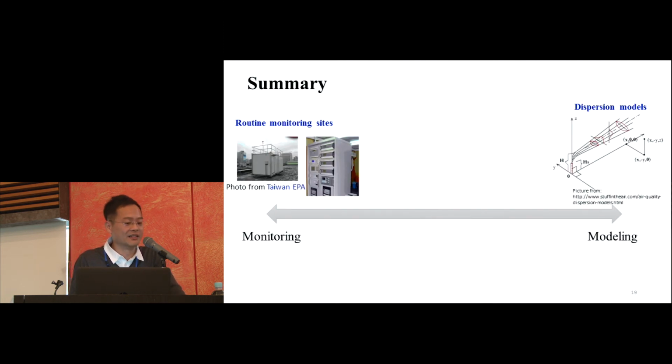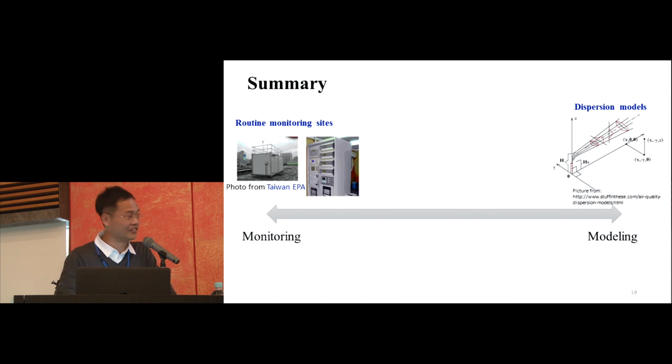So finally, I summarize my presentation. Right now, we have routine monitoring stations, which are very expensive. In the other way, we can use modeling, like dispersion models. If we can get a very complete data set, we can run the models.